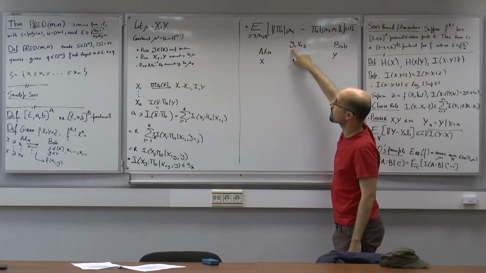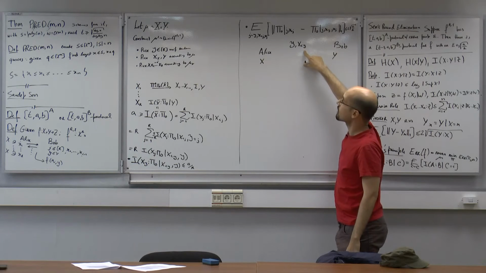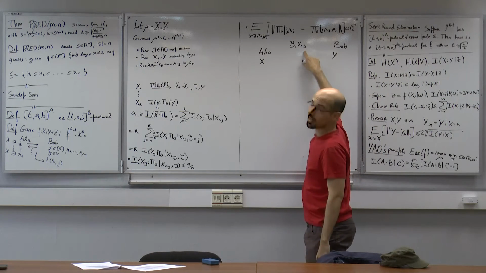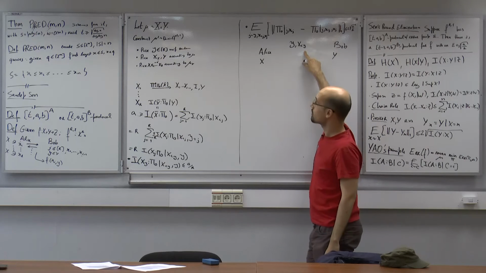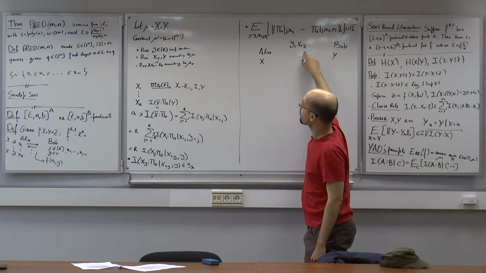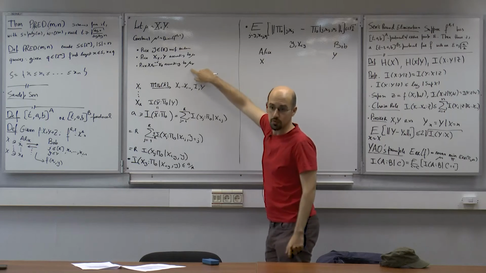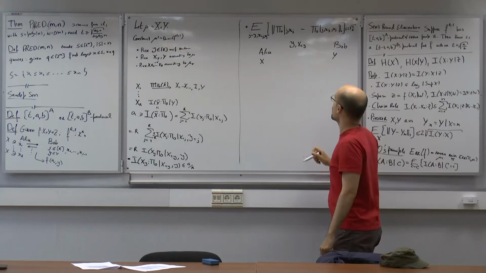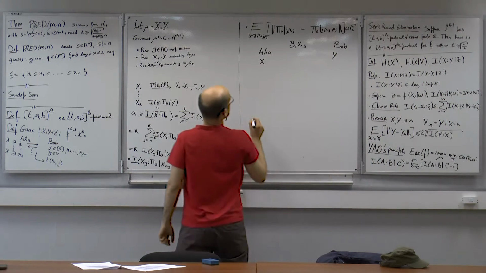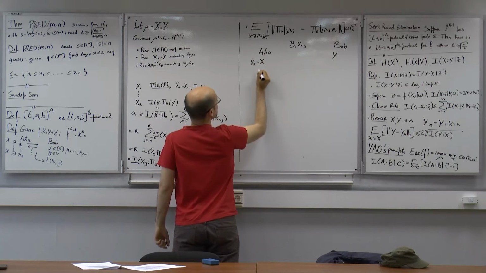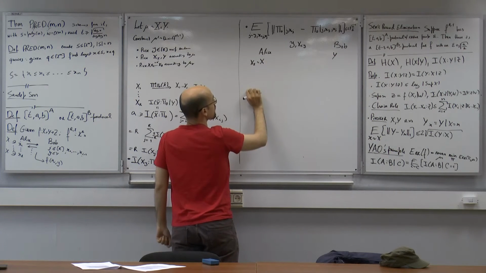So you pick a number j from 1 to r at random, and then you pick j minus 1 x's from the marginal of mu.